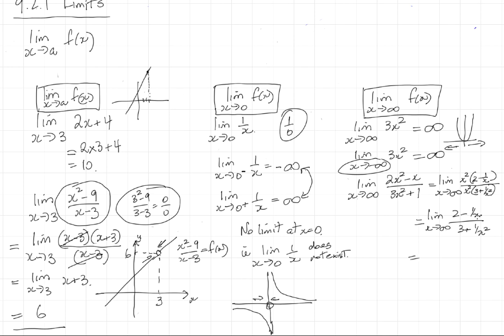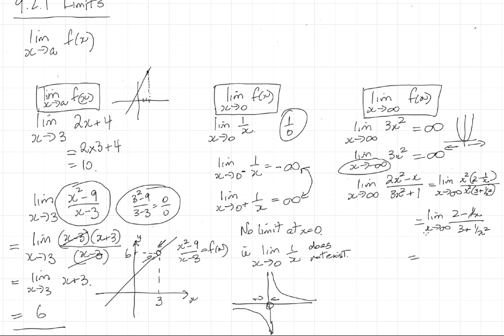Now, as we make x large, and this is the reason we do this, 1 on x is going to approach 0. If you put x equals 1,000, x equals 1,000,000, 1 over 1,000,000 is very close to 0. Infinity is much bigger than 1,000,000. So 1 on a very large number is going to go to 0, and that's going to go to 0.